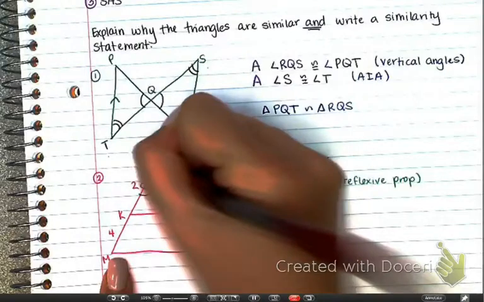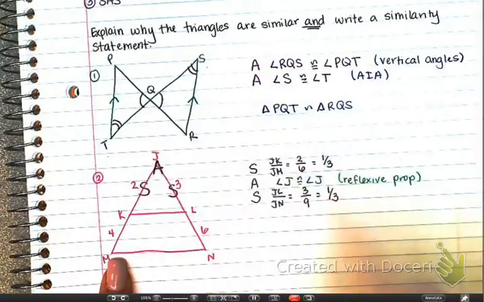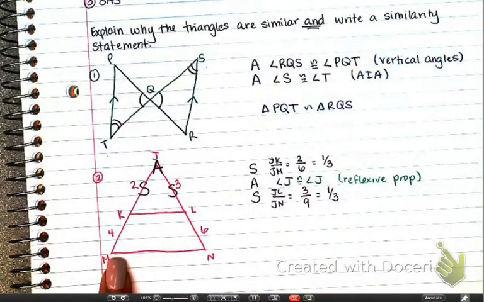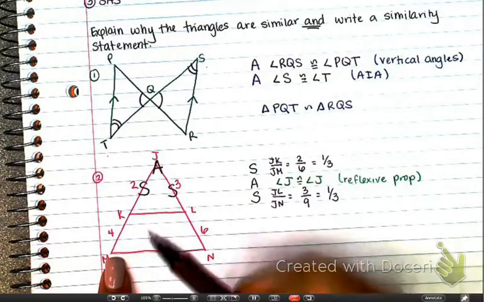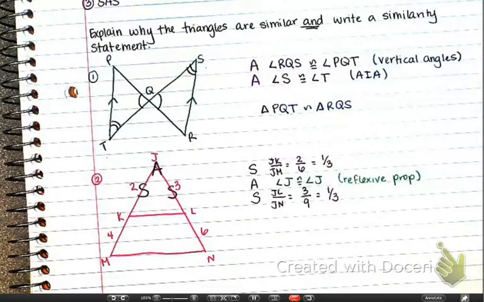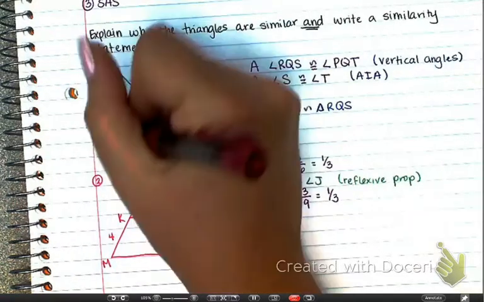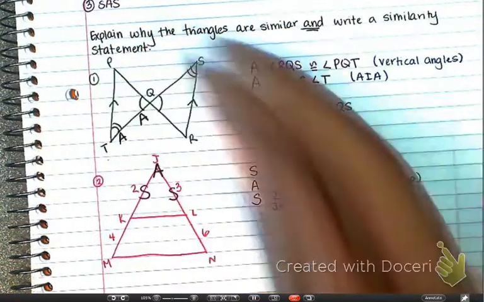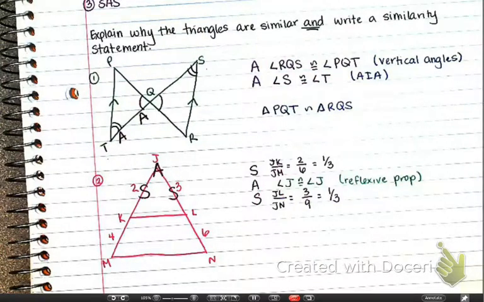Here is my angle, and then my side is right next to it. Okay, I can't skip sides and angles. So side, angle, side, all together. Everyone see that? And then here, up here was angle, angle. I'm allowed to skip a side because I only have 2 angles that I'm dealing with. Does that make sense? Okay. All right, let's try another one.